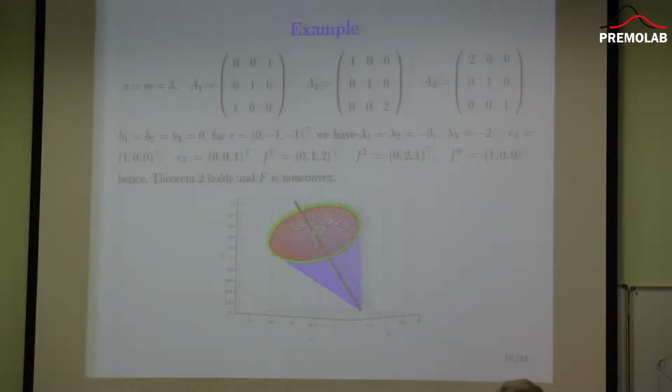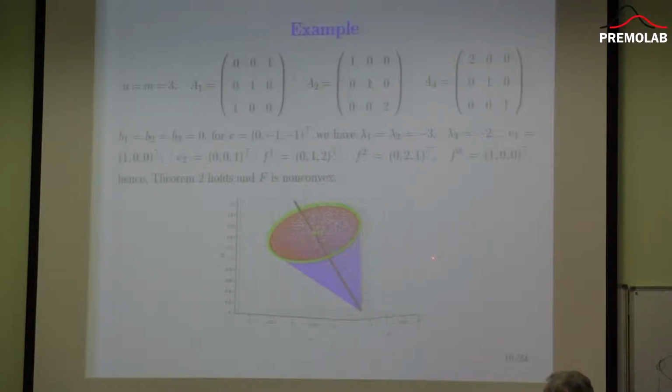So here is C, which we take. The matrix which arises is a diagonal matrix whose two eigenvalues are equal, and the third one is not.